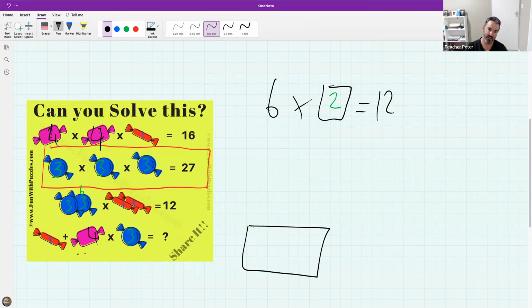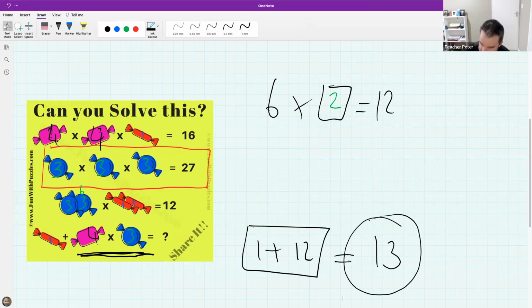Okay, BODMAS says do this first, and 4 times 3 is 12, and then there's a 1 there, so we should get 13. 13. Okay. All right. I hope you enjoyed that.